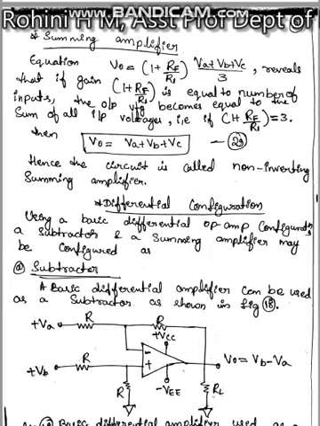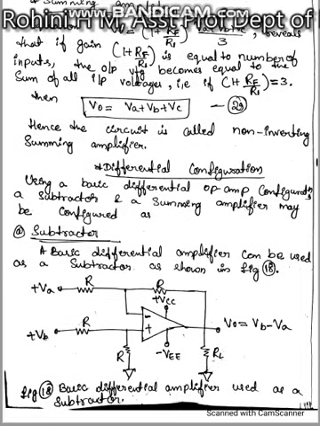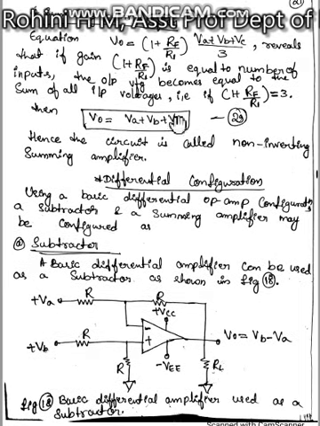So the next one is the summing amplifier, right? In the summing amplifier, in this equation V out is equal to 1 plus Rf by R1 into Va plus Vb plus Vc by 3, it reveals that if 1 plus Rf by R1 is equal to the denominator, that is the number of inputs, then V out is just Va plus Vb plus Vc, which is nothing but the sum of the input voltages.